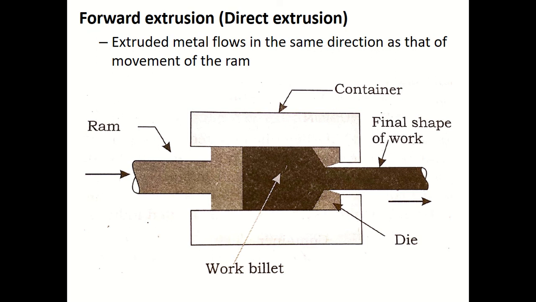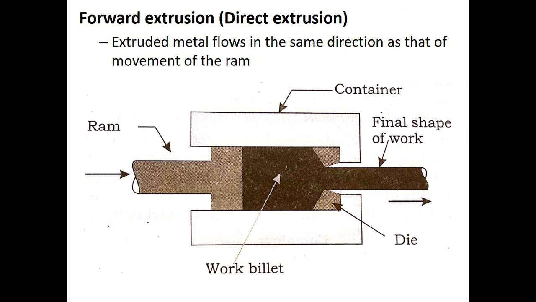The forward extrusion process is also known as direct extrusion, and here the extruded metal flows in the same direction as the movement of the ram. Look at the schematic diagram. You can see a container, a work billet, the die, and a ram.